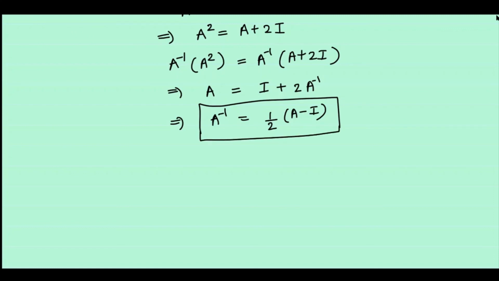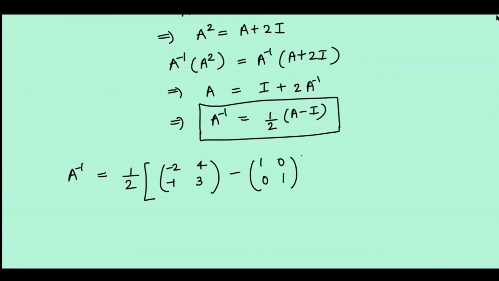If we substitute here, we can directly get A inverse. So A inverse is equal to 1/2 into the matrix A, which is given in the problem, [-2 4; -1 3], minus the identity matrix [1 0; 0 1]. If we do the computations here, we will get 1/2 into [-3 4; -1 2].